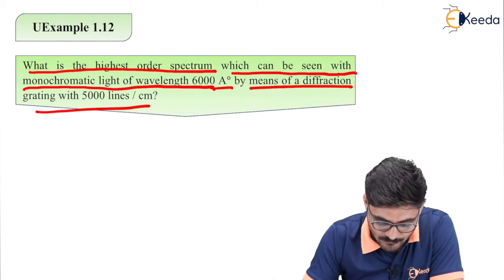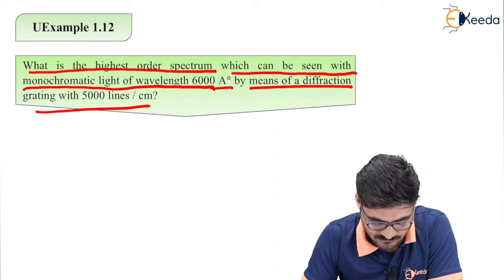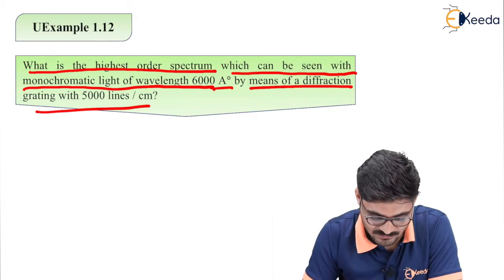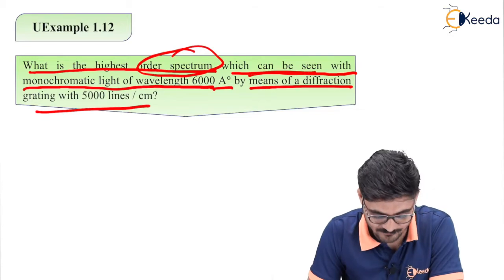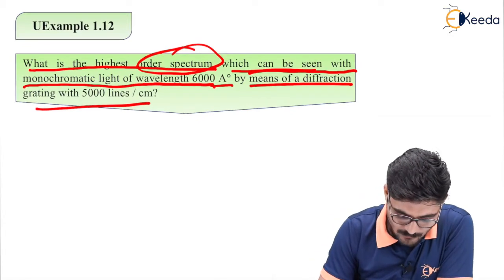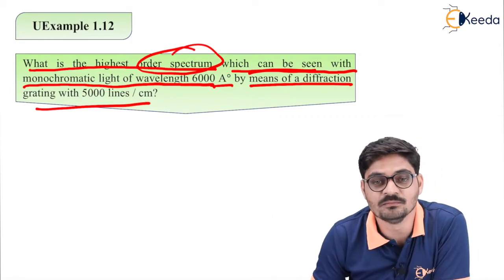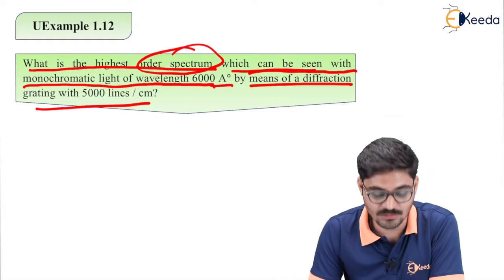So we have to go to the formula that will give us the maximum order of spectrum which can be seen. So we have to go for the condition of maximum number of order, which I told you in the formula list.